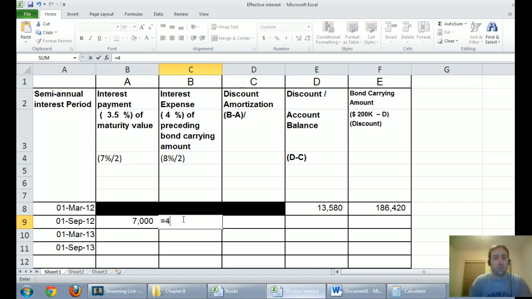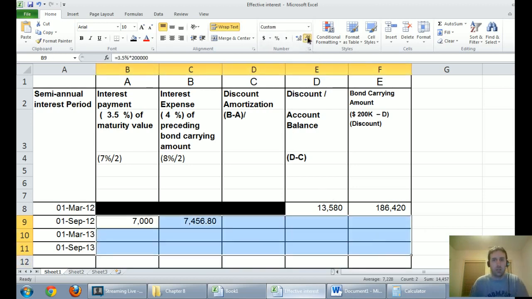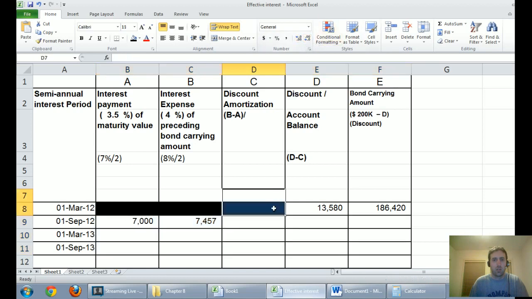The preceding bond carrying amount was $186,420, and 4% of that is $7,457. Let's get rid of the decimals. Discount amortization, B minus A: $7,457 minus $7,000 is $457.